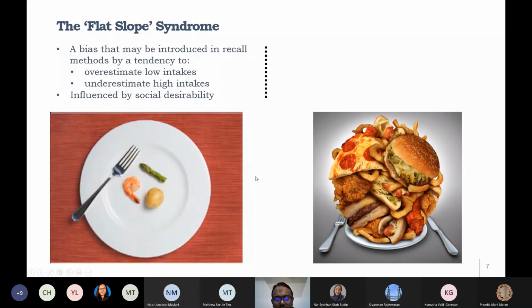And another person might have consumed a lot, but they think it's still a very small portion size. So that is flat slope syndrome. This is actually influenced by social desirability of the foods of the person. So it depends on how they describe their portion sizes.